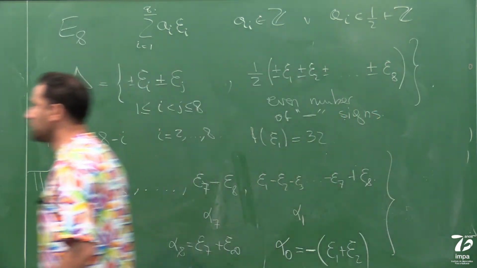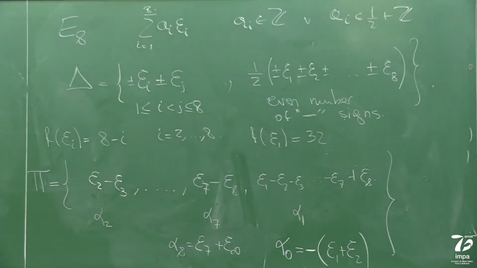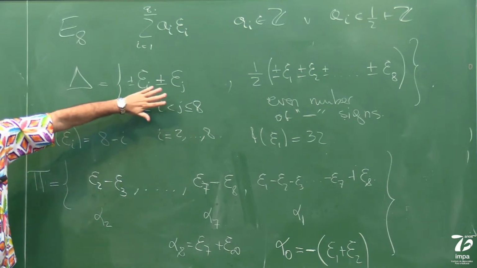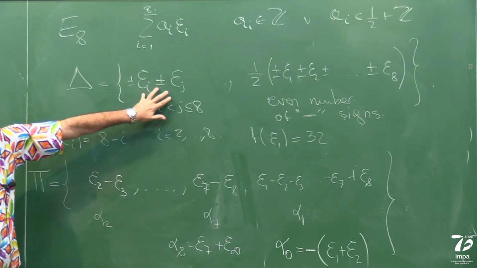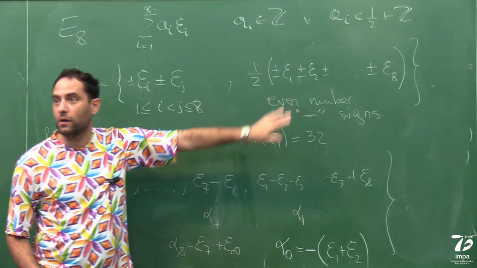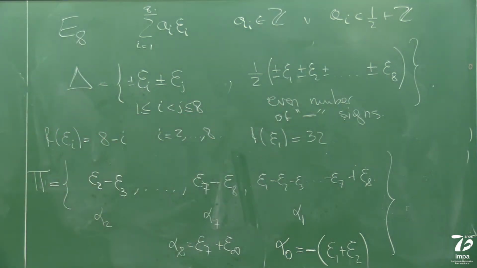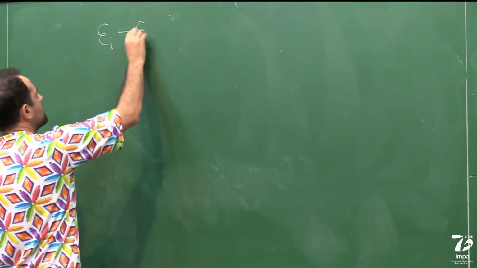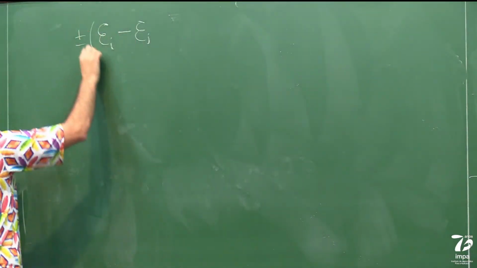So it's not hard to realize that that consists of, well, you lose half of these roots immediately, because the guys that have the same sign are not going to be perpendicular to those. So you're going to have only epsilon i minus epsilon j, plus or minus those.